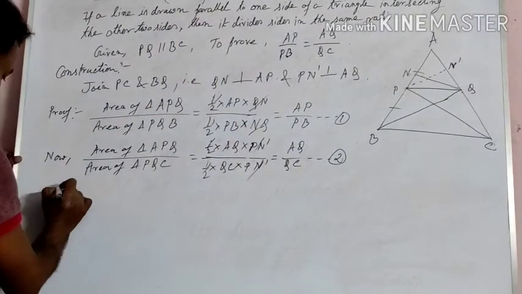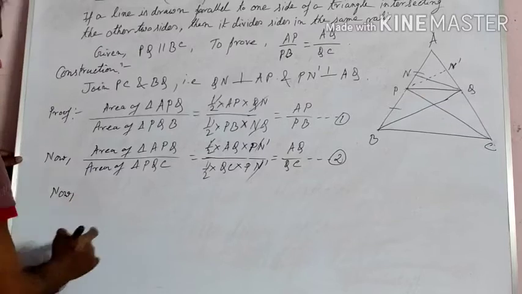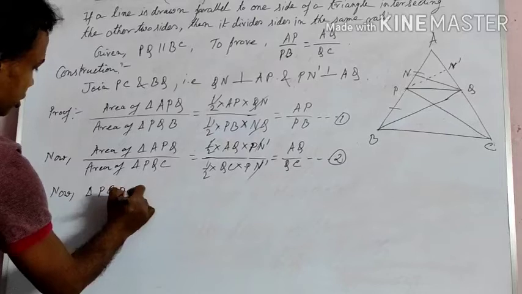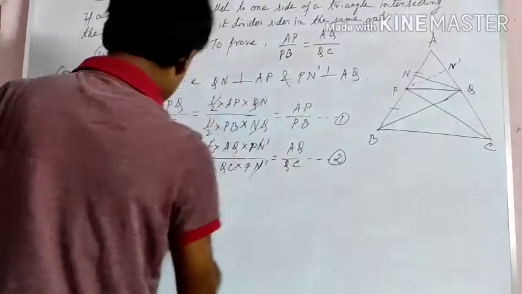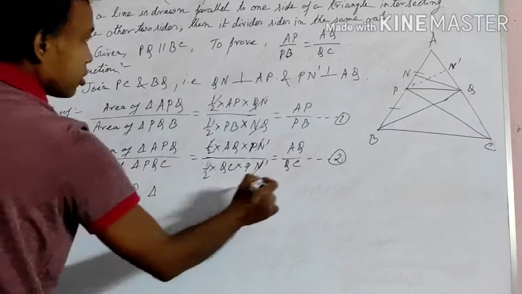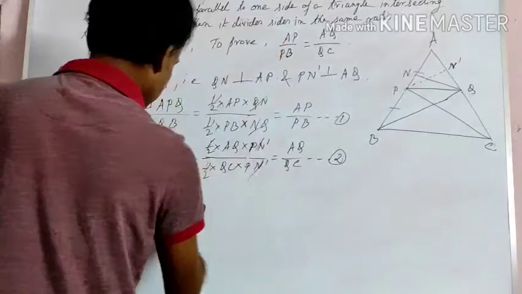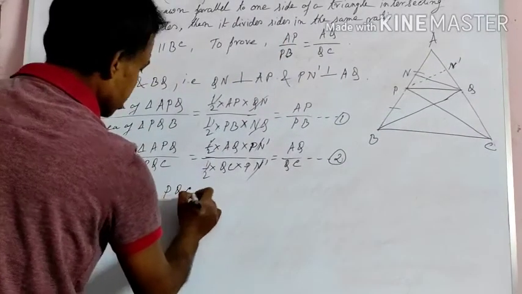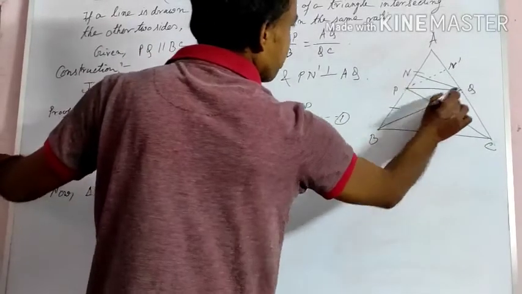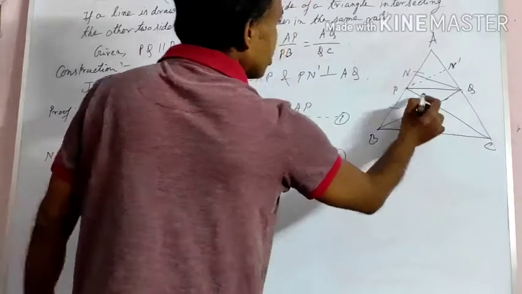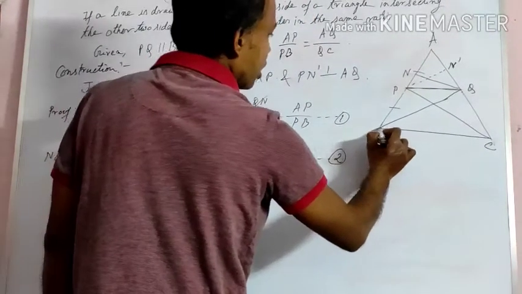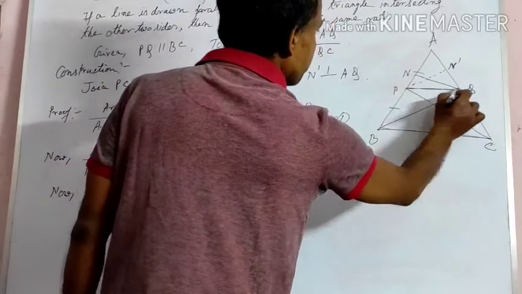Now triangle PQB and triangle PQC. Both are lying on the same base PQ and between the same parallel lines BC and PQ.